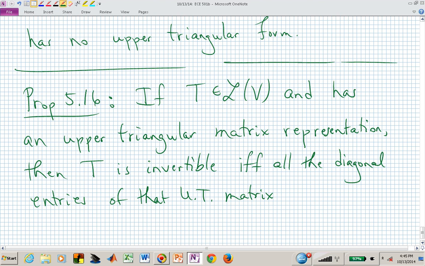Then in general that means we're maybe on a complex vector space, but it could be real, but not all reals have an upper triangular representation, so we're making that assumption. Then T is invertible if and only if all the diagonal entries of the upper triangular matrix are non-zero.